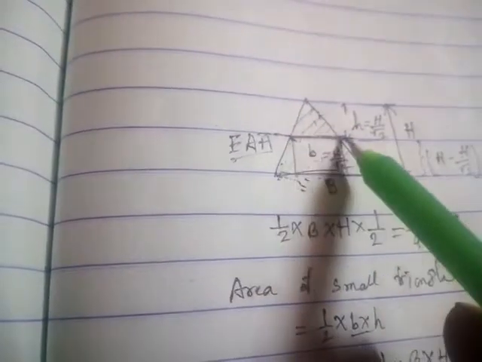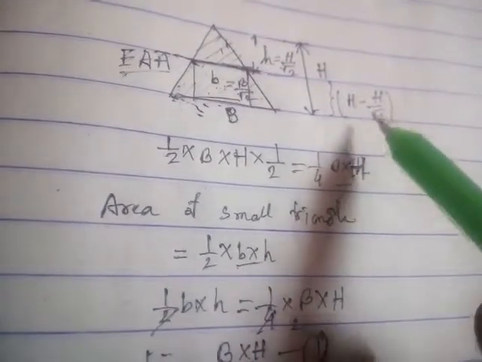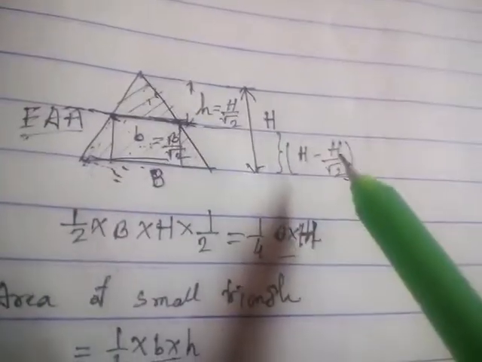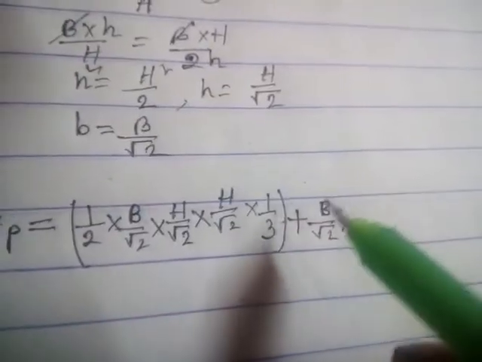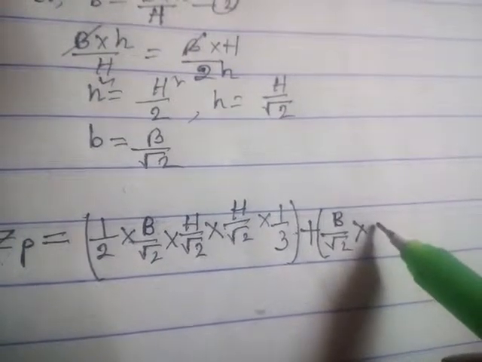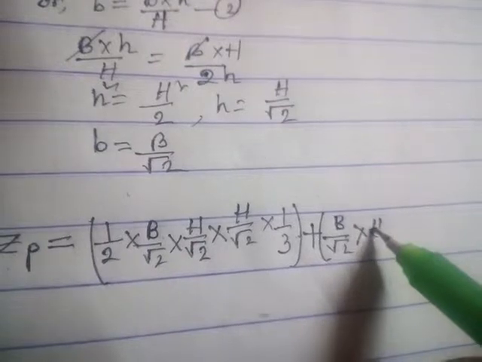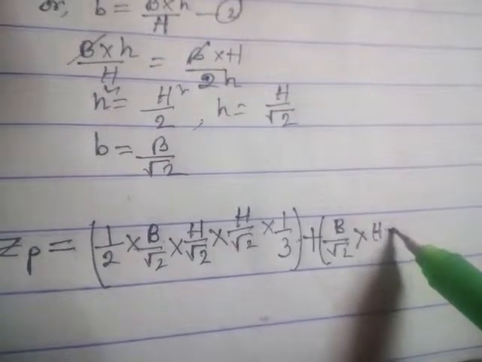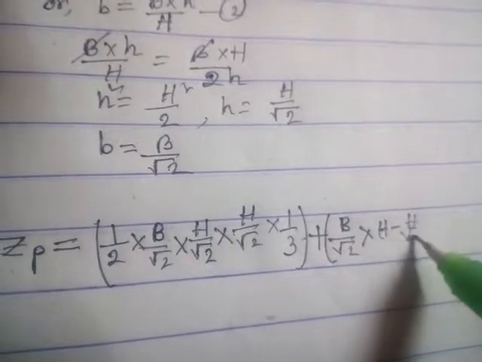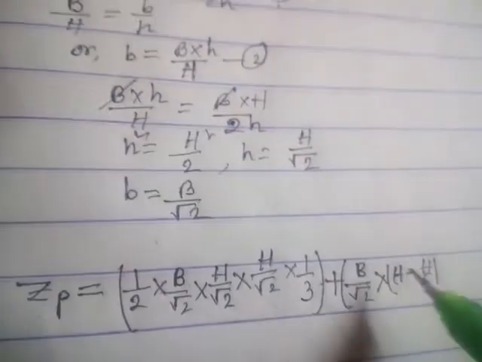This distance is B by root 2 and this distance is H minus H by root 2. So we can write B by root 2 into H minus H by root 2. This is the area of the rectangular section.